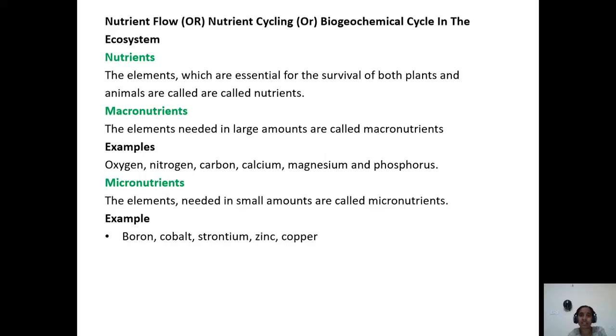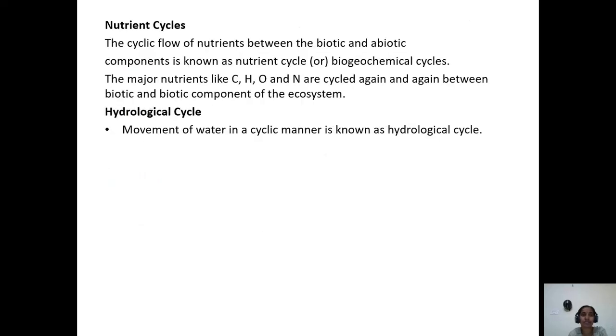At any of these stages, when the body is dead, the organic matter from the dead body is converted into inorganic nutrients and again enters the soil, and from soil to the plants. So nutrient flow in an ecosystem is a cyclic process. Here macronutrients and micronutrients are there, and examples are also given for the macro and micronutrients.